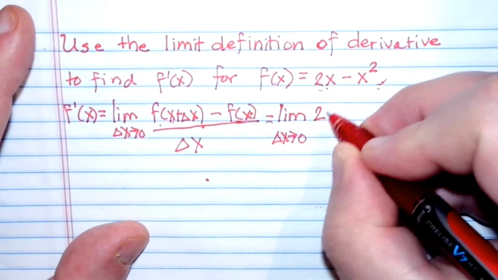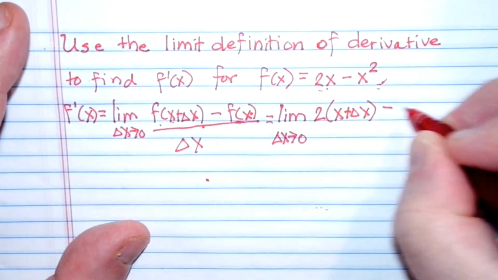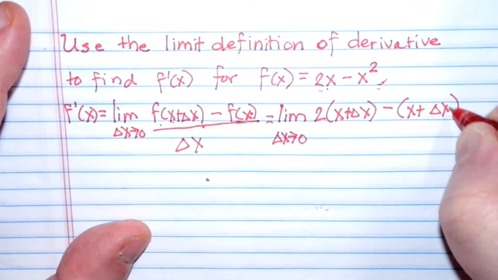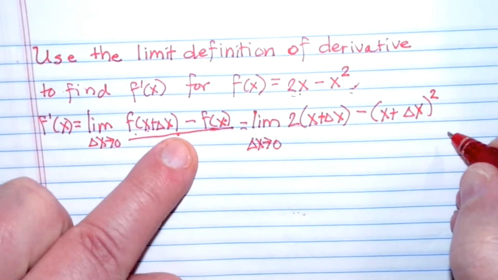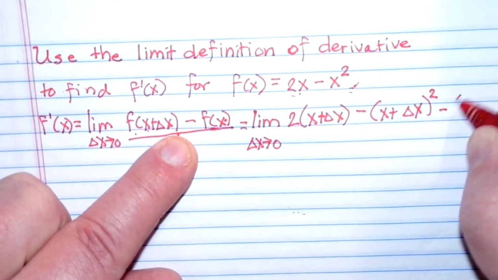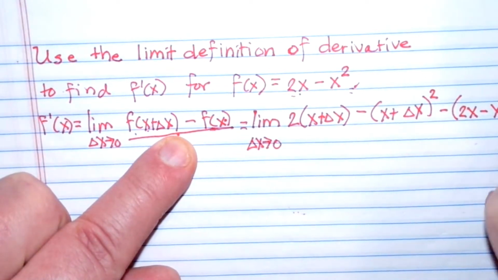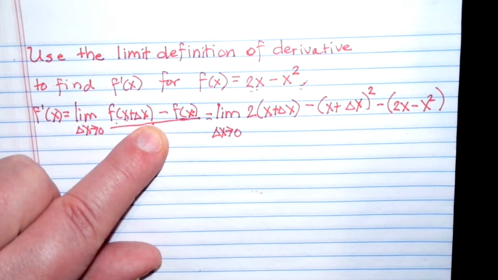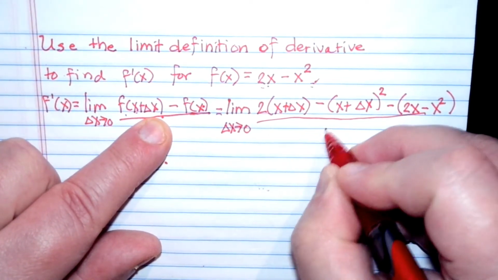So you would have 2 times x plus delta x minus x plus delta x squared. Then we're going to subtract off the original function, and then we're going to divide the whole lot by delta x.